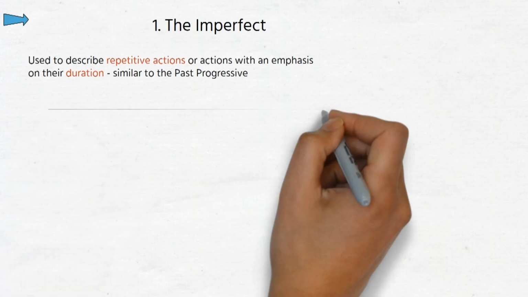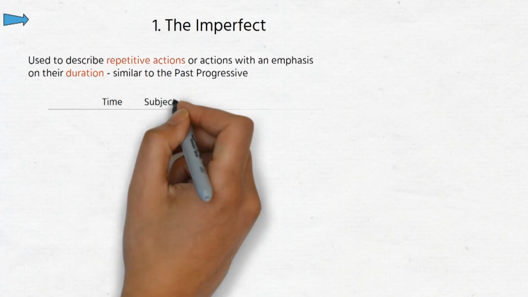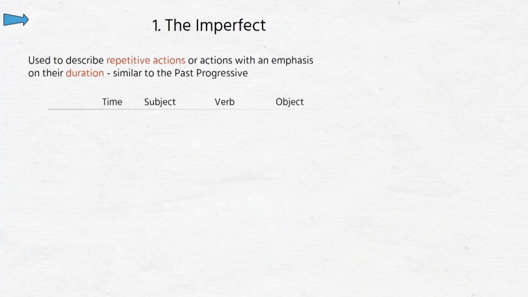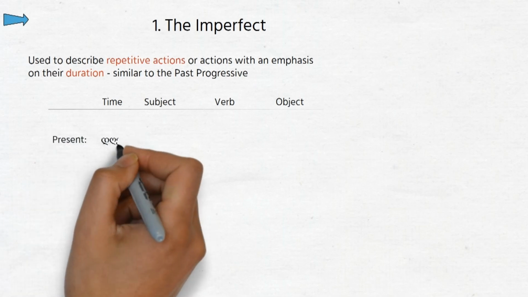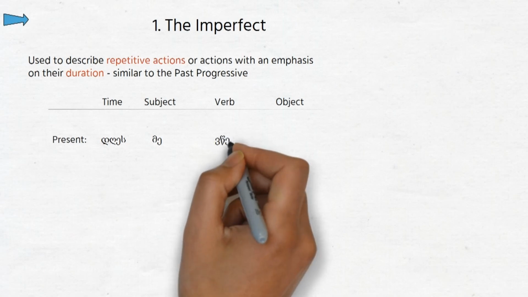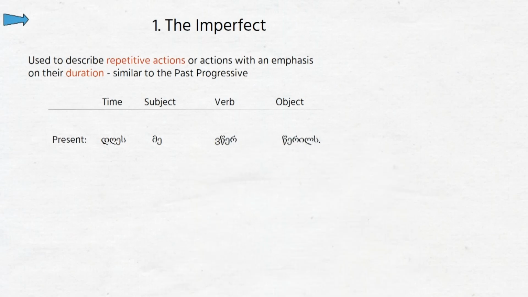So let's look at a couple of sentences here. So again we take the sentence in the present. Dres mefts erils. I am writing a letter.